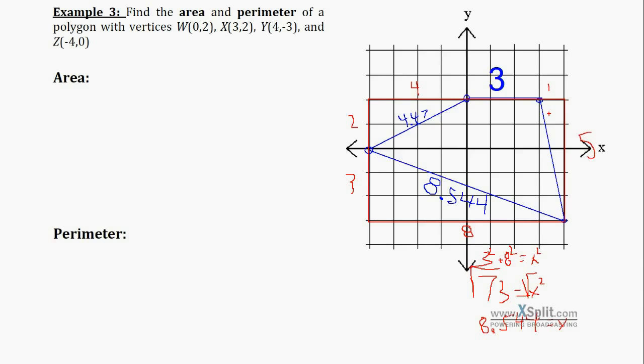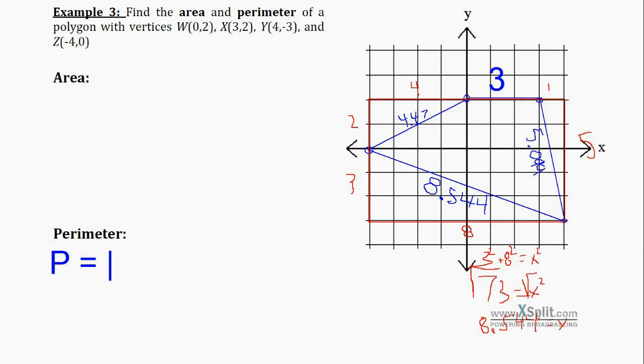So 1 squared plus 5 squared. 1 squared is 1, 5 squared is 25. Add those up, you get a 26. Square rooting 26, you're going to get about 5.099. This last side here, 5.099.